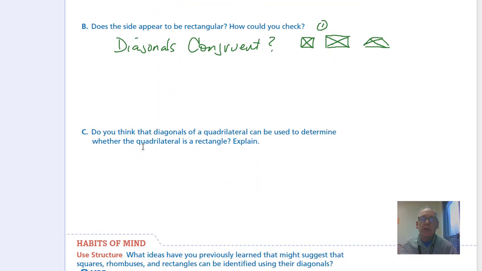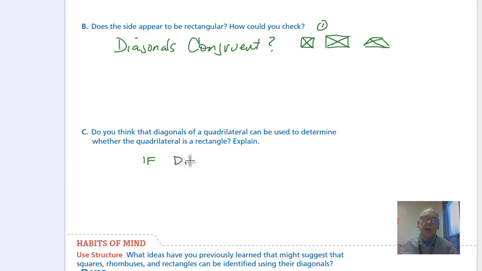Note C: do you think that the diagonals of a quadrilateral can be used to determine whether it's a rectangle? If the diagonals are congruent and it's not a trapezoid, it's going to be a rectangle.